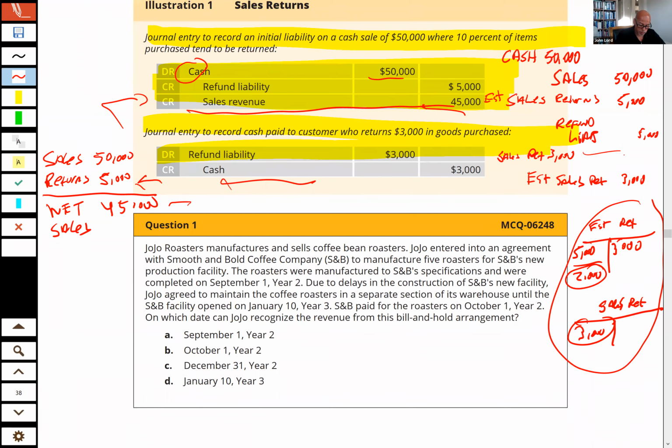Correct. You would do this. You would do this upon the return. That makes sense. Yeah. Okay. There's nothing I disagree with here, I guess, in terms of the final outcome of the journal entries. I just added some accounting here that I think is pretty common.